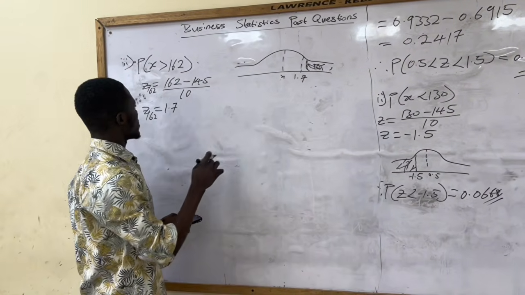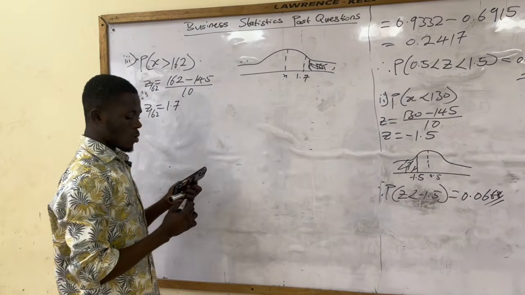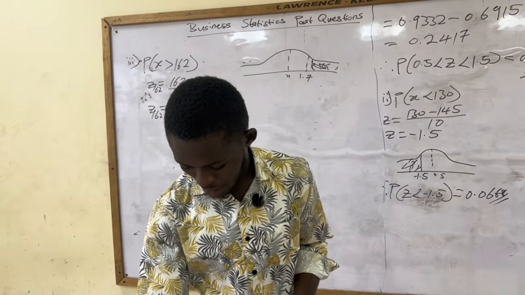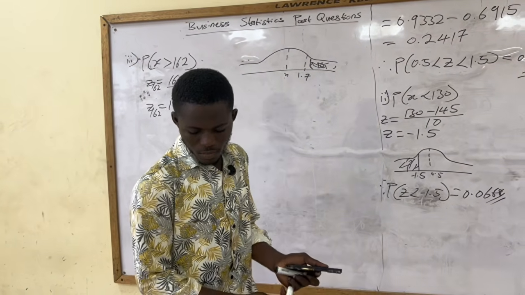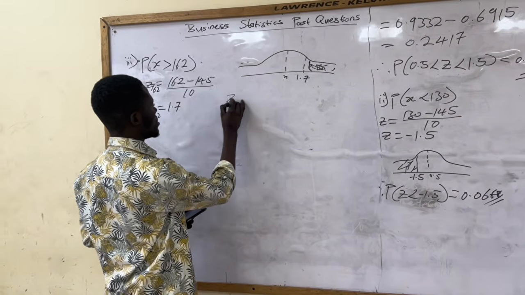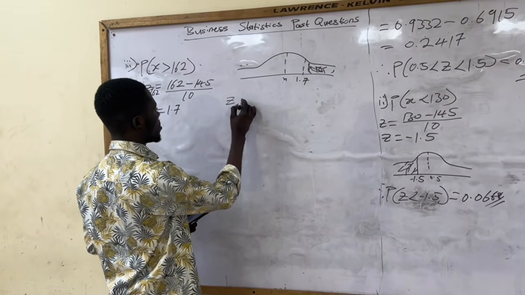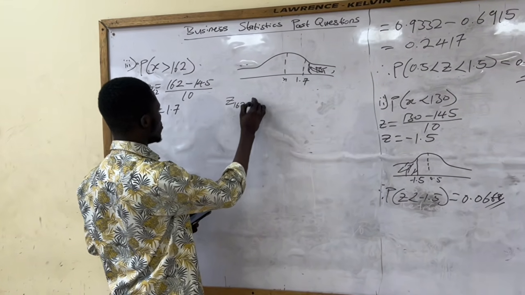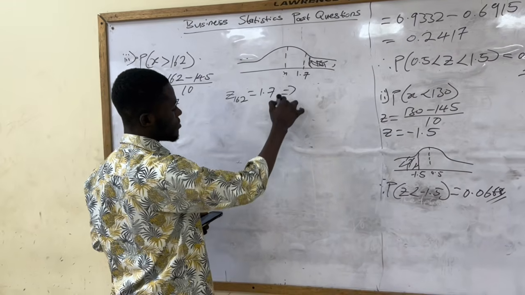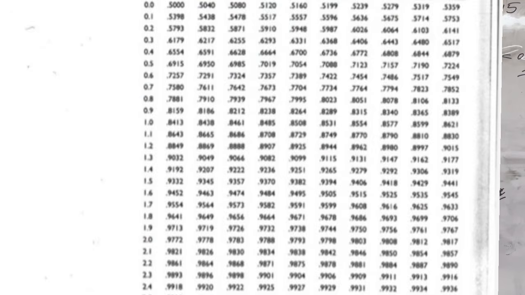Okay. Now, let's refer to the z-score table. When we refer to the z-score table, we will get z of 162 is equal to 1.7, which will give us 0.9554.